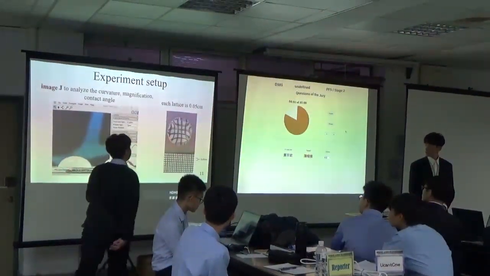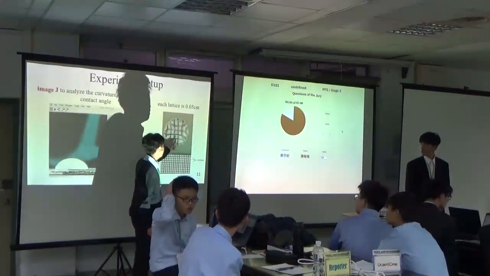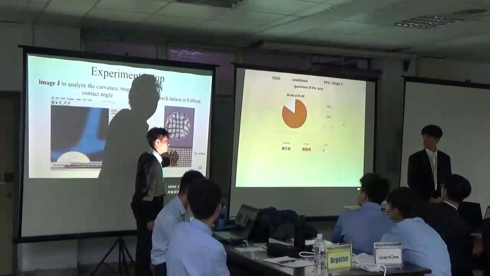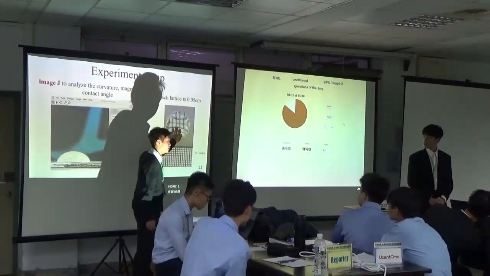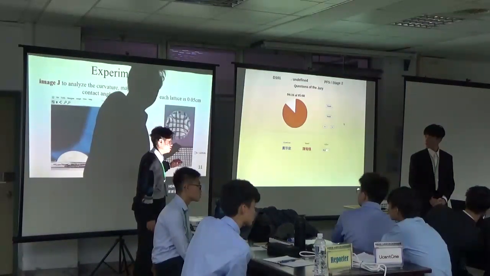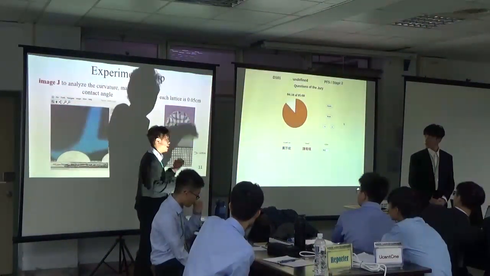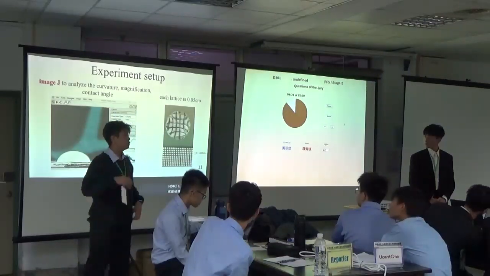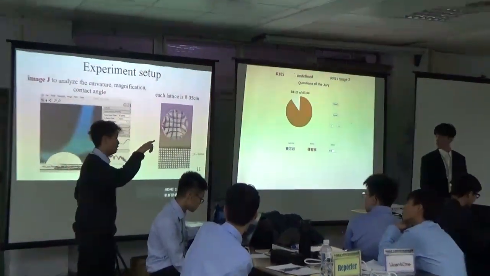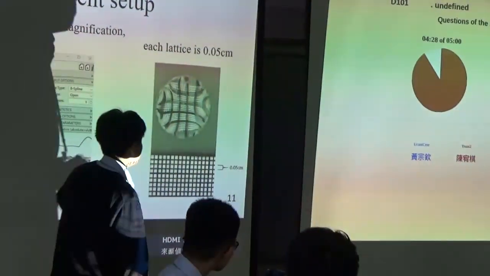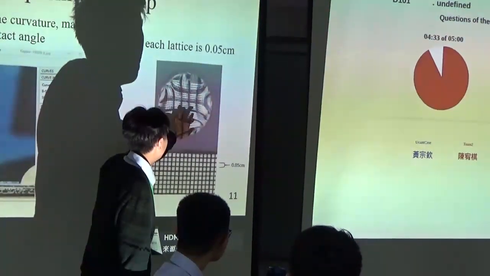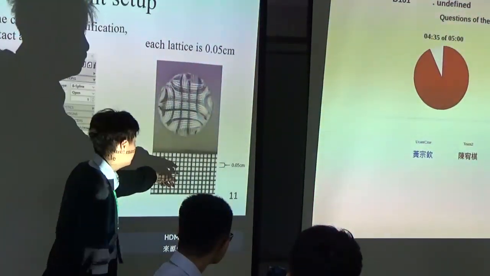This one is the picture. The middle one is the edge lattice, and after it is magnified, we compare the two of them. We compare the length, the height, because the definition of magnification is the height ratio: the one in the chocolate divided by the one on the outside.